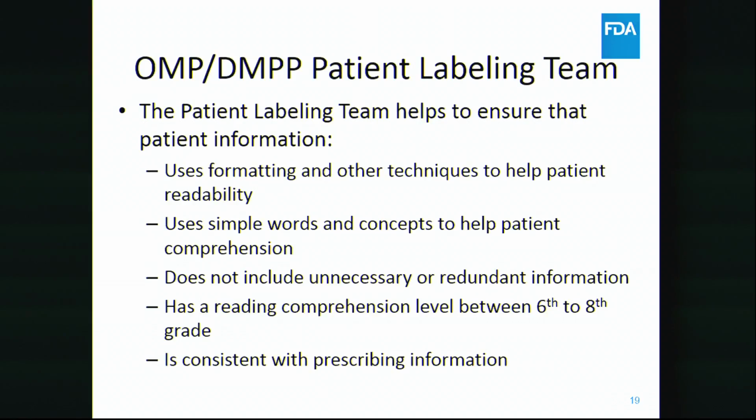So this particular, the Office of Medical Policy in particular, their patient labeling team helps to ensure that the patient information uses formatting and other techniques to help patient readability, that we're using simplistic words and concepts to help patient comprehension, that it doesn't include unnecessary or redundant information that may ultimately lead to users losing focus of what they need to pay attention to, and that has an appropriate reading comprehension level, and of course is consistent with the prescribing information.